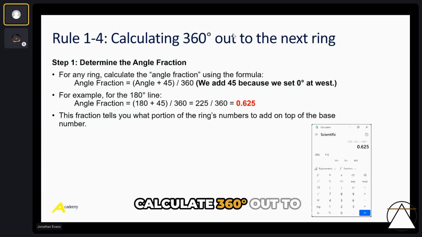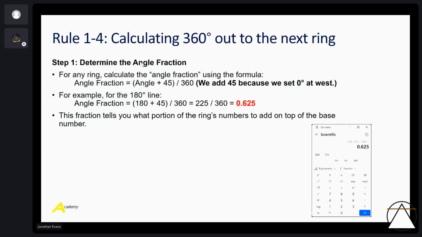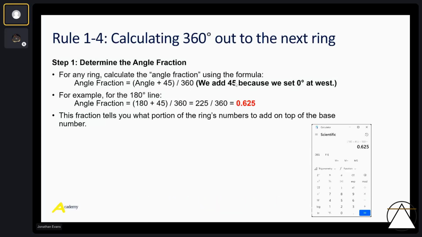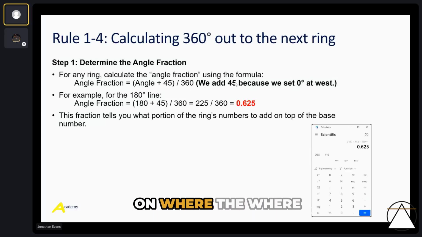So we want to calculate 360 degrees out to the next ring. So we want to determine the ring fraction, or the angle. So we're going to take the angle plus 45 divided by 360, and we're adding 45 because this is what we need to do for that harmonic that we're on, where the 0 degrees is actually on the west. Normally 0 degrees would be north or south or east, depending on how you set it up.